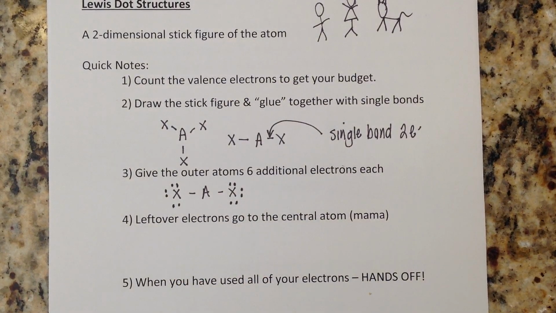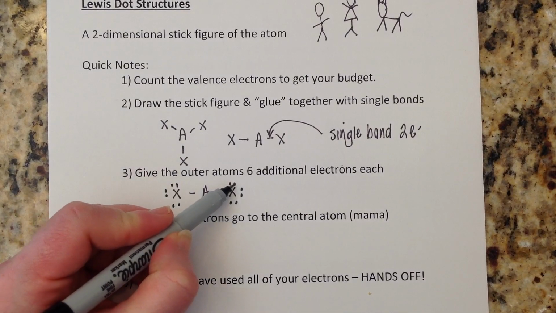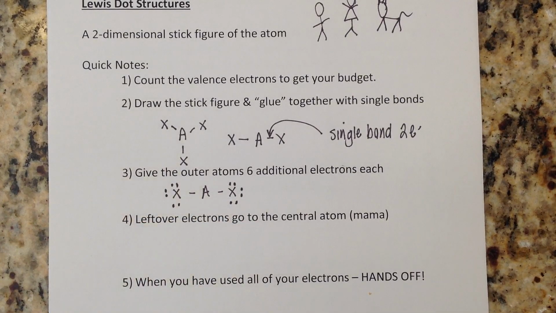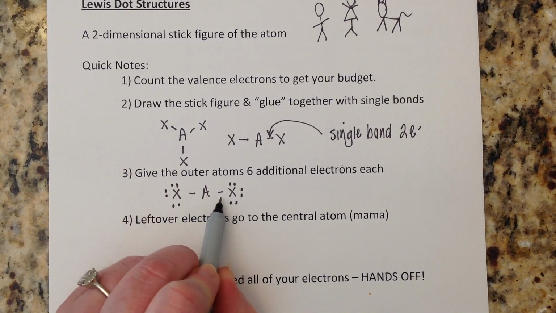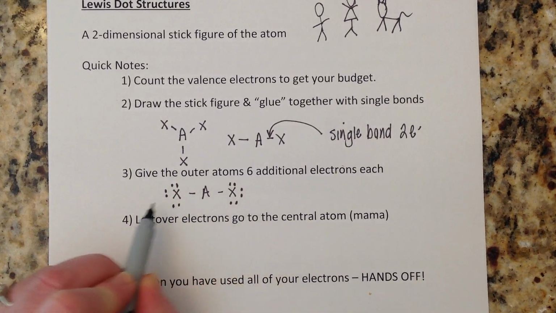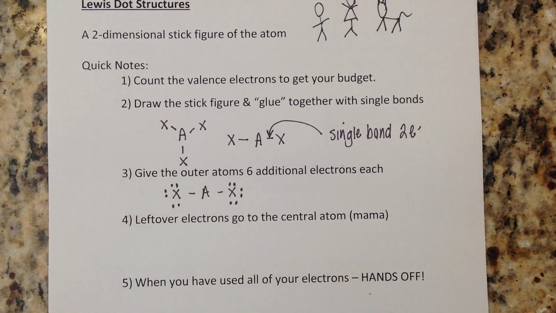The reason we give each one 6 more is because we know that the atom's goal is to have a full octet, which is 8 valence electrons, and if we add 6 more, and you include the one that's being shared here, you have 2, 4, 6, 8, 2, 4, 6, 8. So when you hear me say give the outer atoms 6 more electrons, that's what we're talking about.